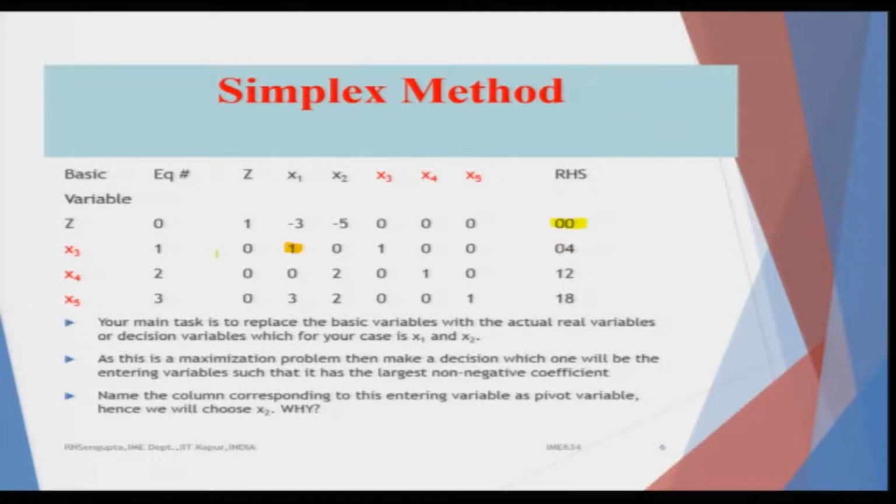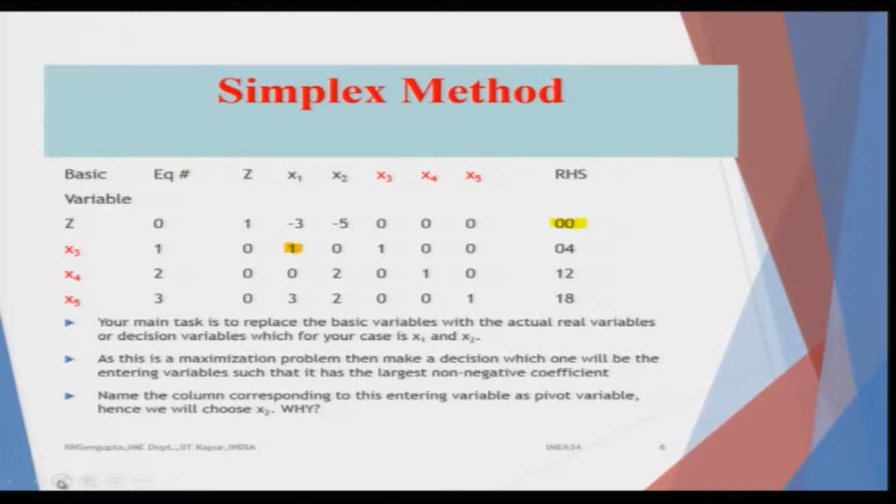Because in this equation, as x1 is 0, it becomes 0, x2 is multiplied by a factor 0, and x4 and x5 are multiplied by 0, so they will not come into the picture. The only thing you have is 1 into x3 equal to 4.